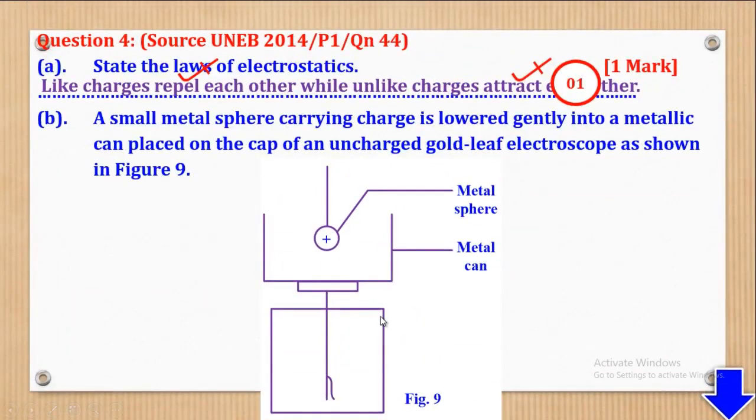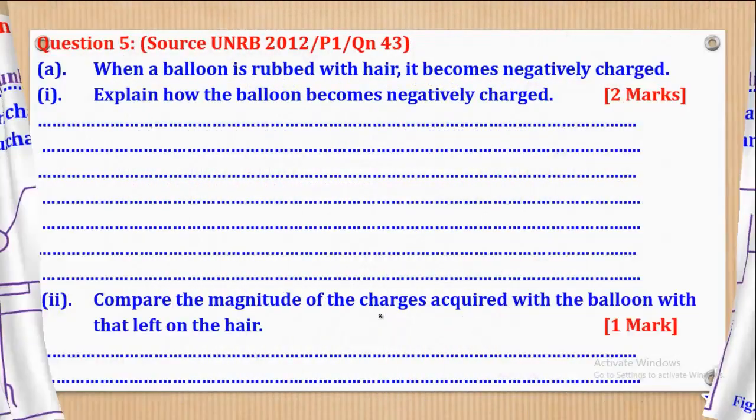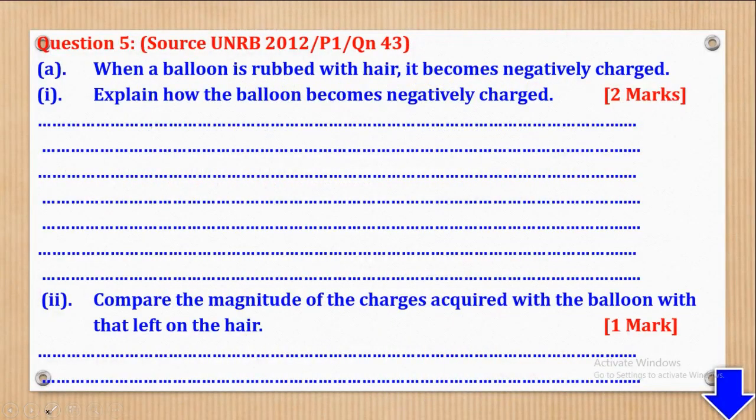Now let's go to question 5. Question 5 came from UNEB 2012, paper 1, question 43, and part A says: when a balloon is rubbed with air, it becomes negatively charged. Roman 1, explain how the balloon becomes negatively charged, and they give it 2 marks.